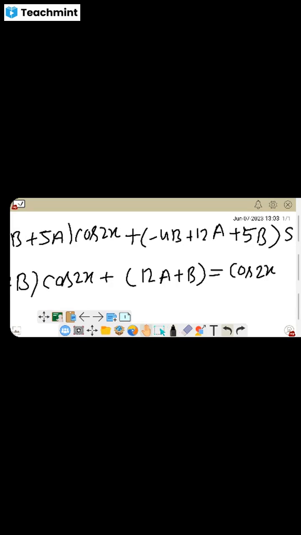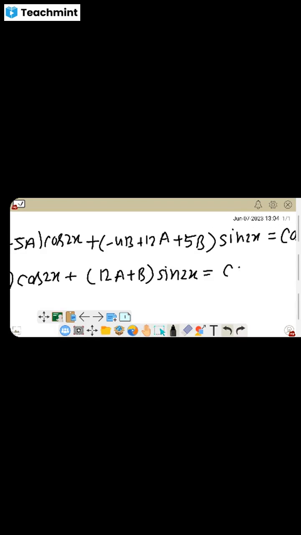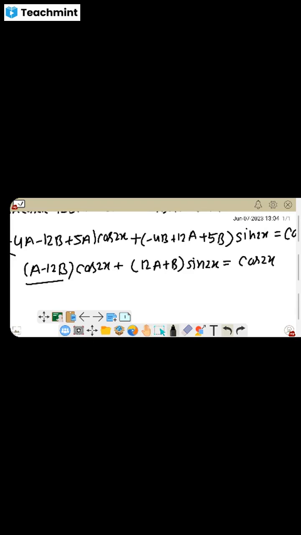You can see here the coefficient of cos 2x is 1 on the right side. We have the coefficient of cos 2x on the left side, and the coefficient of cos 2x is 1. So we can write a minus 12b is equal to 1.